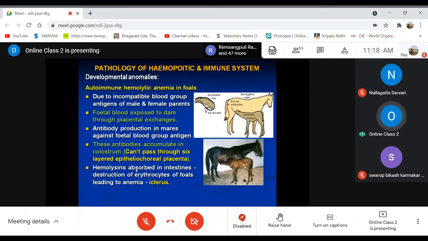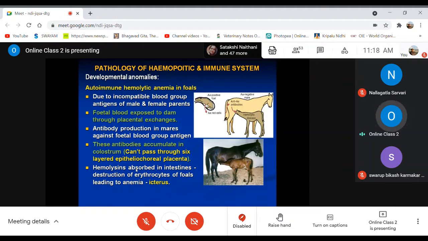These antibodies get absorbed in the intestines of the foal, and that leads to destruction of the RBCs of the foals, causing a very severe type of hemolytic anemia.